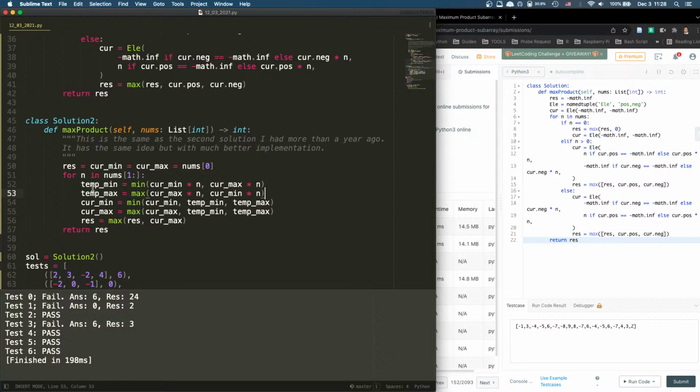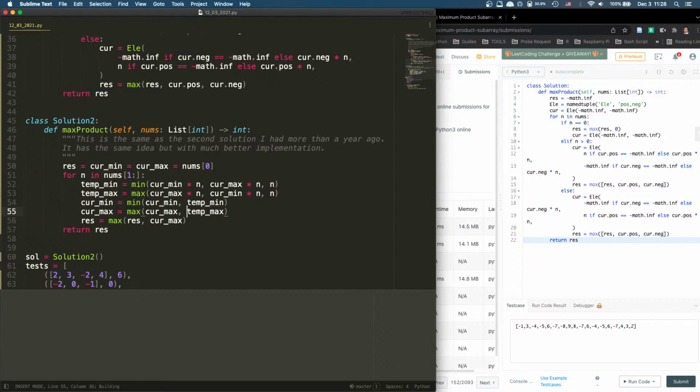So I have a temp min, right? Shall equal the minimum of this, the maximum of this. I think this one only needs temp min, and this one only needs temp max. Okay, still not right. We still have these.